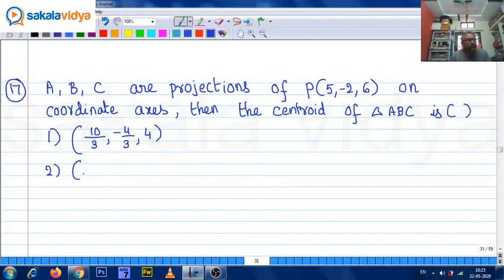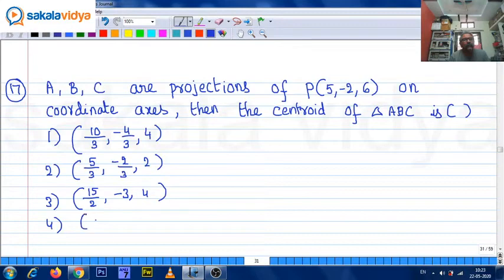Second option: 5/3, -2/3, 2. Third option: 15/2, -3, 4. Fourth option: 5, -2, 6.